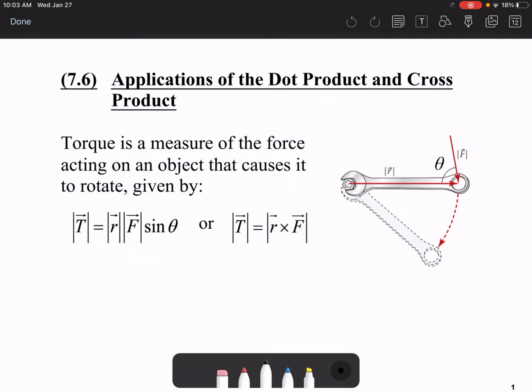Torque is the measure of a force acting on an object that causes it to rotate, and is given by either the cross product formula, or the magnitude of the cross product, in either form.